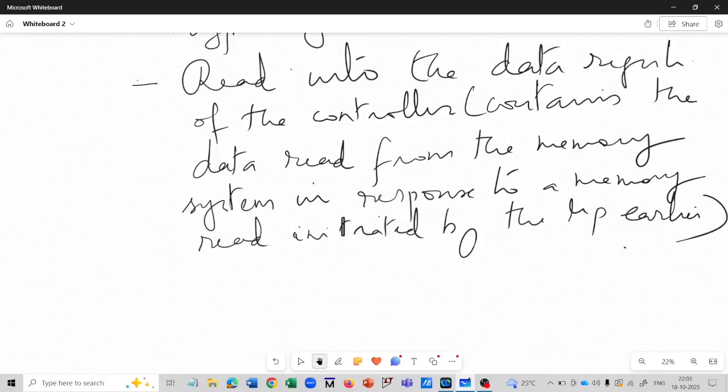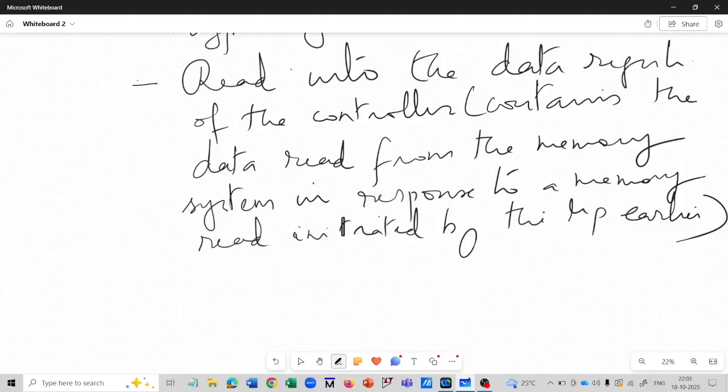So the processor had initiated a memory read earlier and it completed successfully, and the data that was fetched from the memory is currently available in the data register. And of course, we have mentioned that the successful completion of the transaction triggers an interrupt.